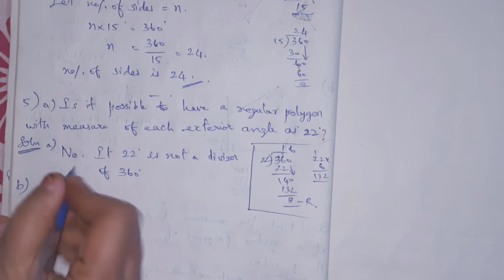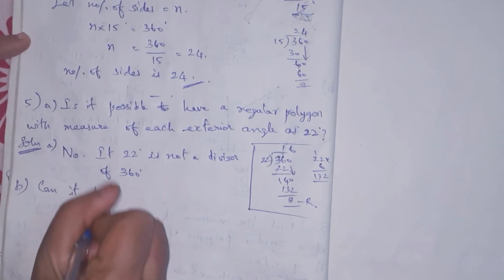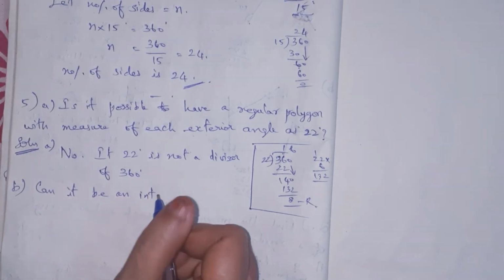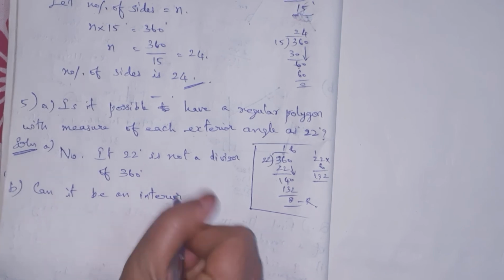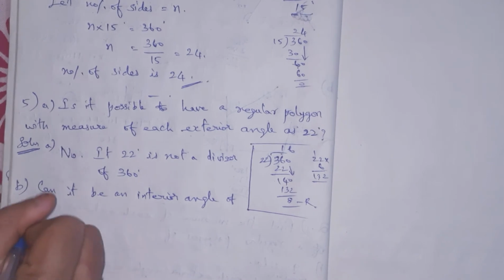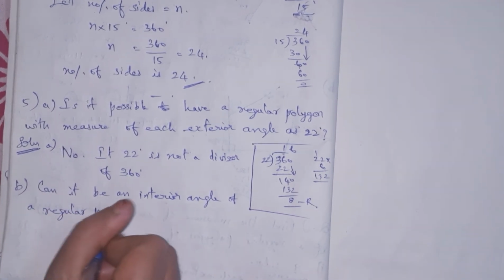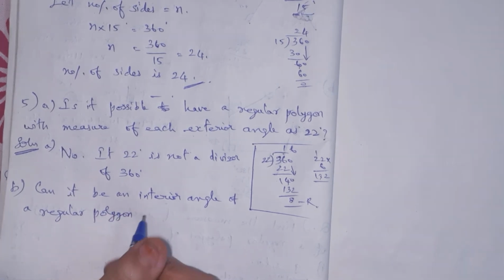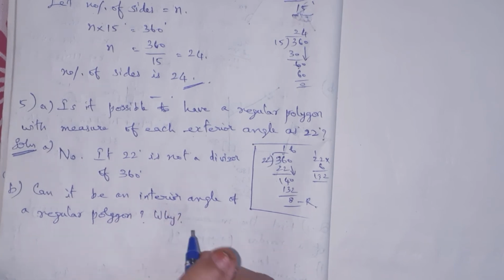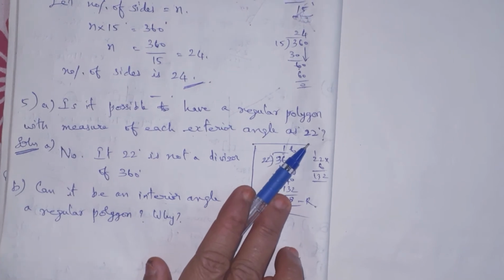B sum. Can it be an interior angle of a regular polygon? Why? Here the exterior angle is 22.